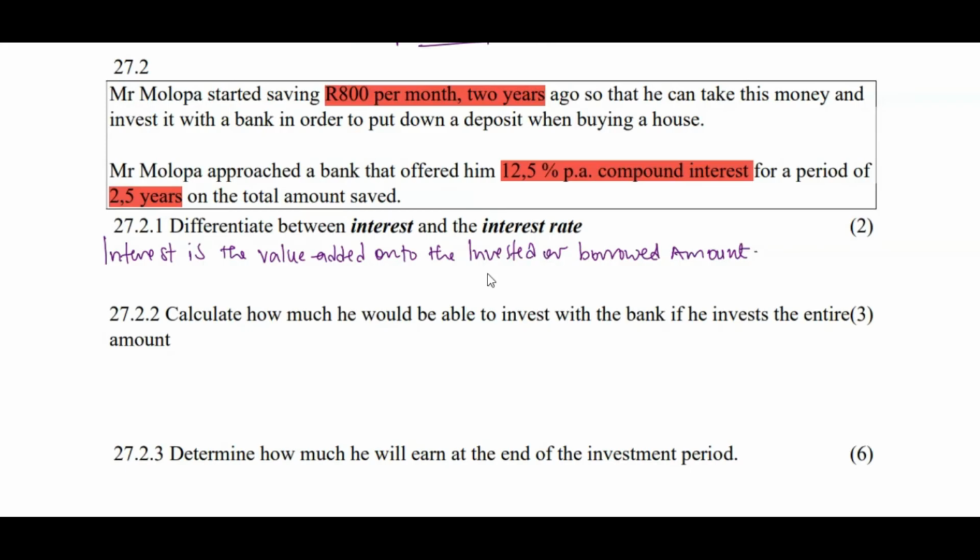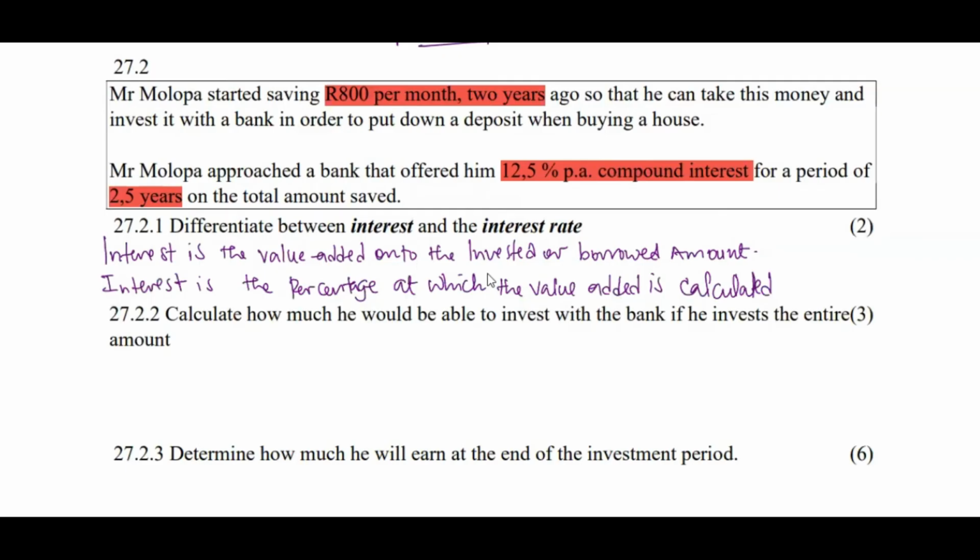You understand? Then you come down and you tell me interest rate is the percentage at which the value added is calculated.